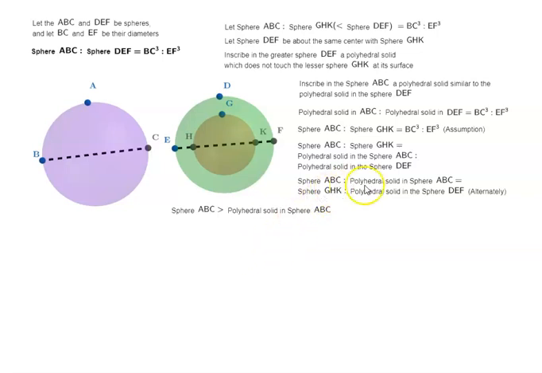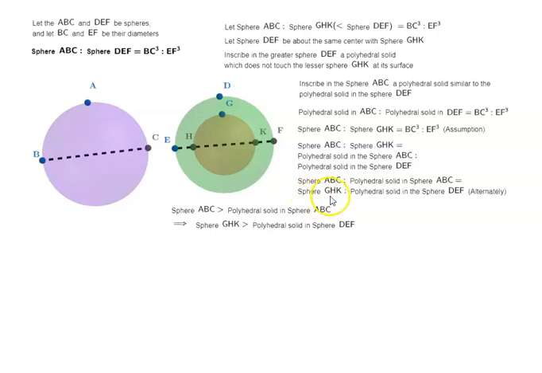So, here in this proportionality, we know that sphere ABC is greater than the polyhedral solid in sphere ABC because it is going to be inscribed. So, sphere will be greater than the solid inscribed, which implies right hand side of this proportionality also satisfies that property.